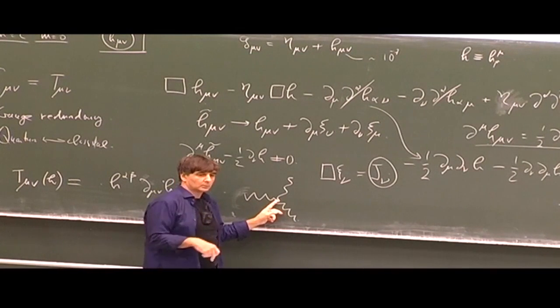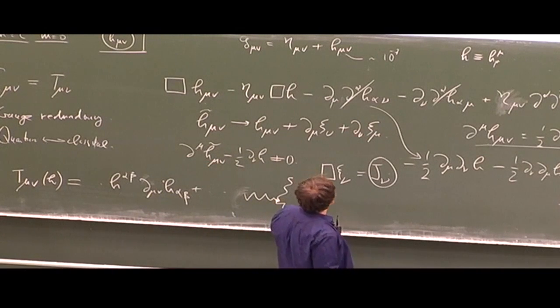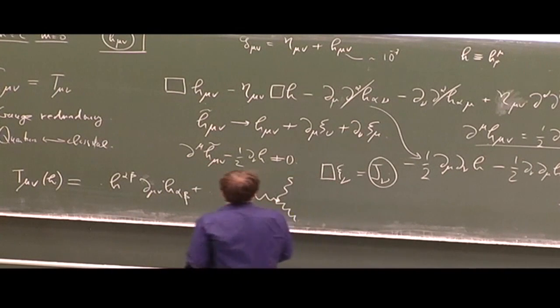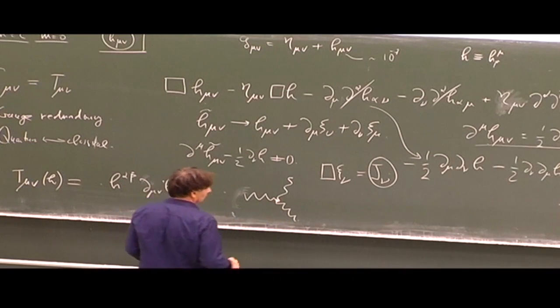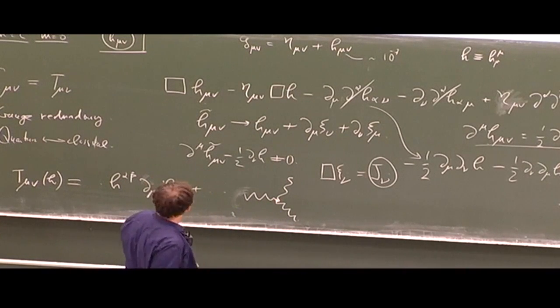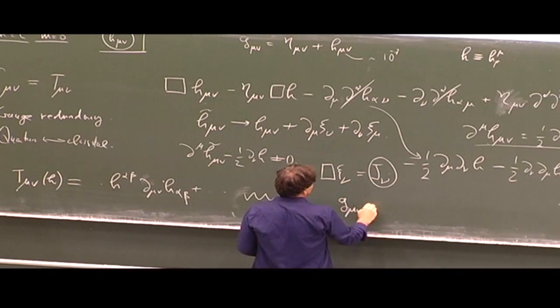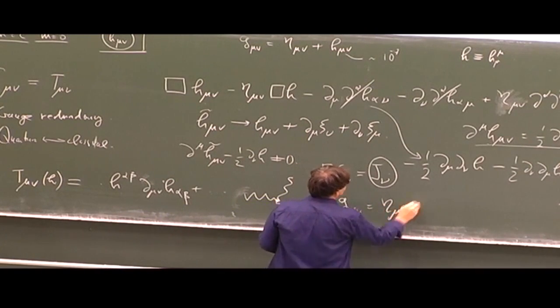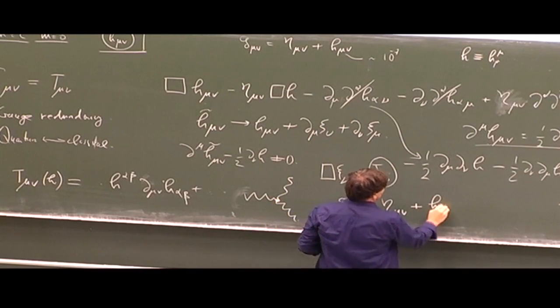And now we restore the Planck scale back, okay? Now, of course, if we want to canonically normalize the graviton, then, let me see, where should I write? So if we want to canonically normalize the graviton, of course, this is dimensionless, so that's not a canonically normalized field.